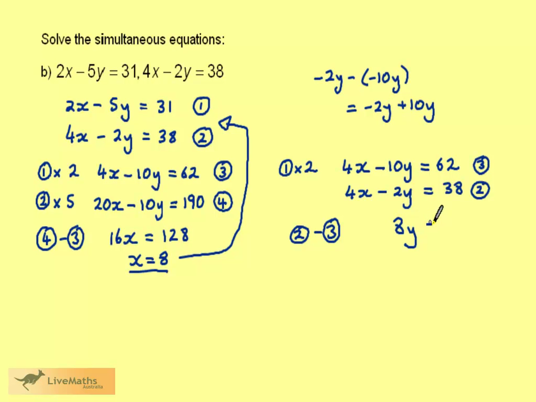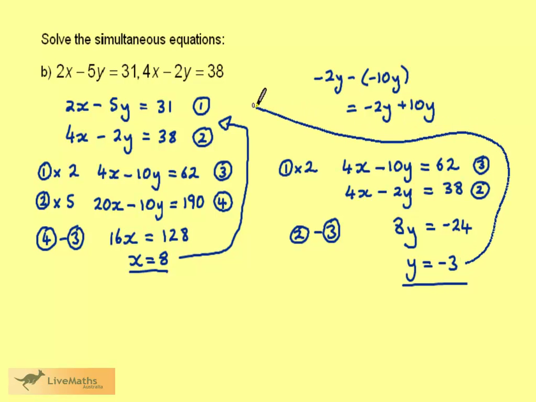We then have 38 take 62, which is minus 24, giving us that y is minus 3. If we were going ahead to solve the simultaneous equations, we would take this value and substitute back into one of the original equations to find the value of x.